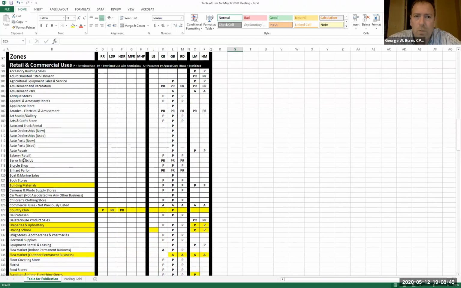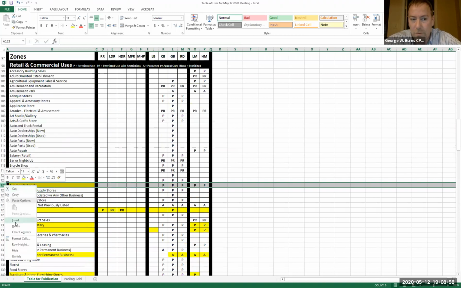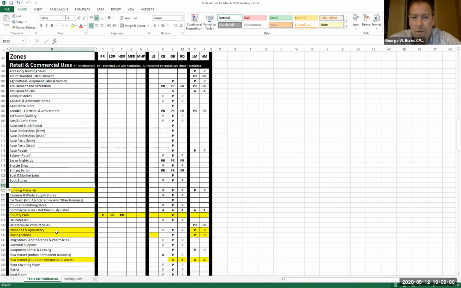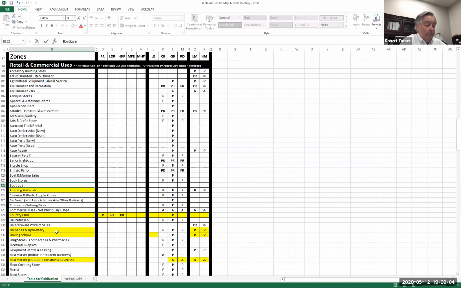Would somebody have a problem if 51% of their income was derived from manufacturing and selling online, as opposed to front of the shop sales? Now you do have under retail an arts and crafts store, and art studio and gallery.